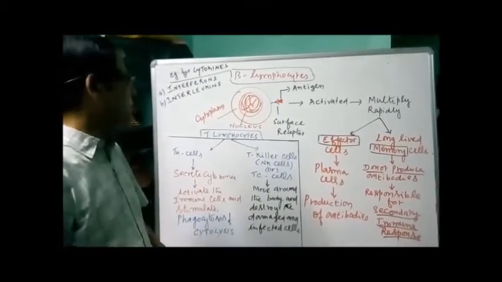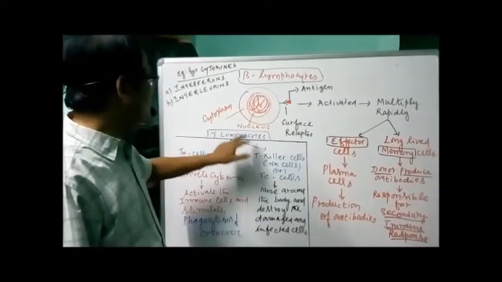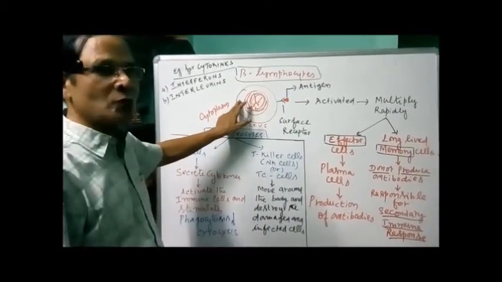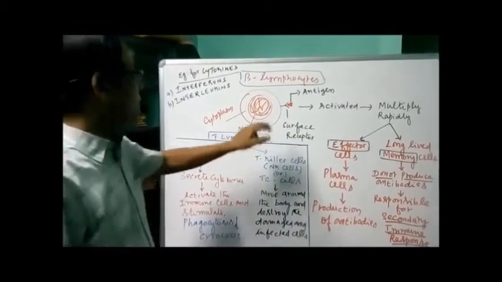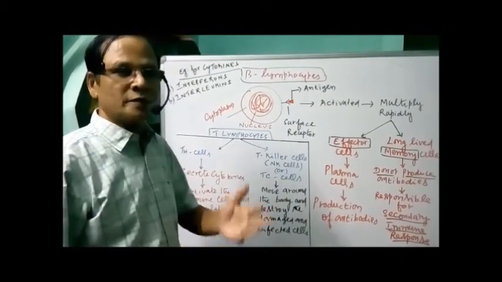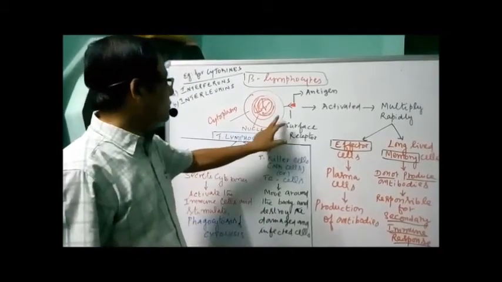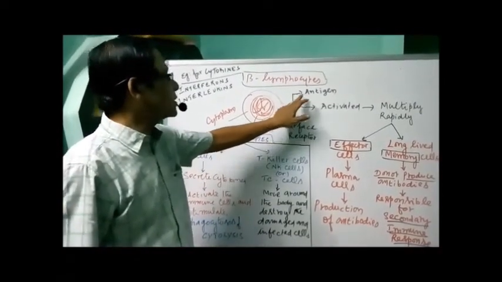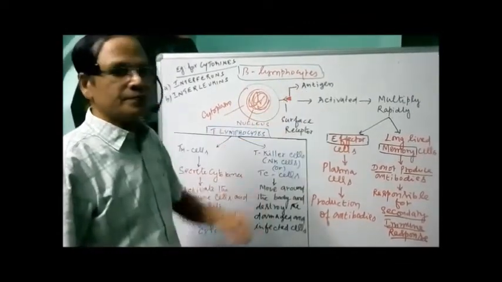A few words. A lymphocyte has a large nucleus surrounded by a thin layer of cytoplasm. On the surface of the cells we have surface receptors, which are antibody-like substances. Once the surface receptor binds with antigen, the B lymphocytes are activated.